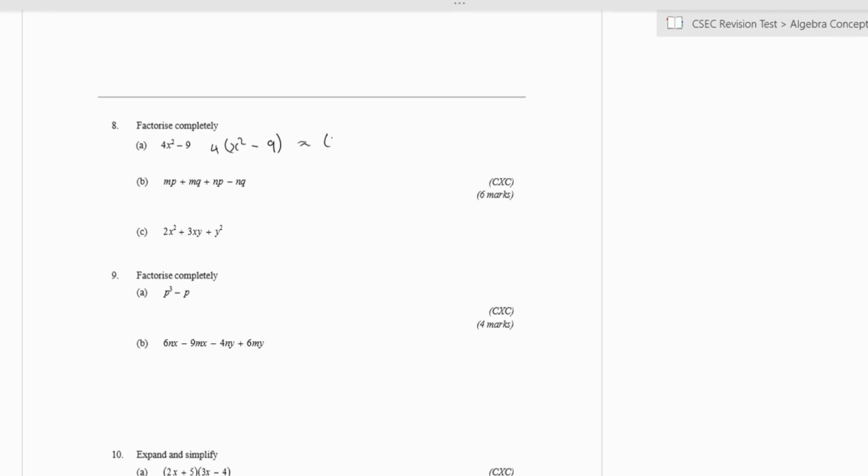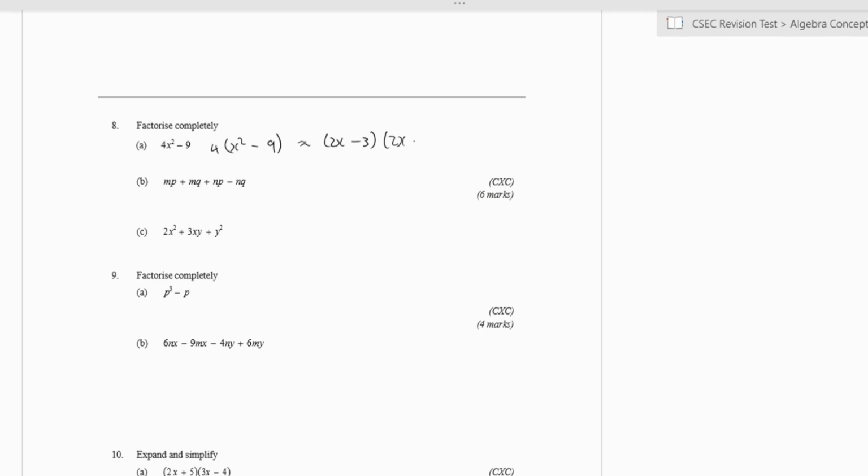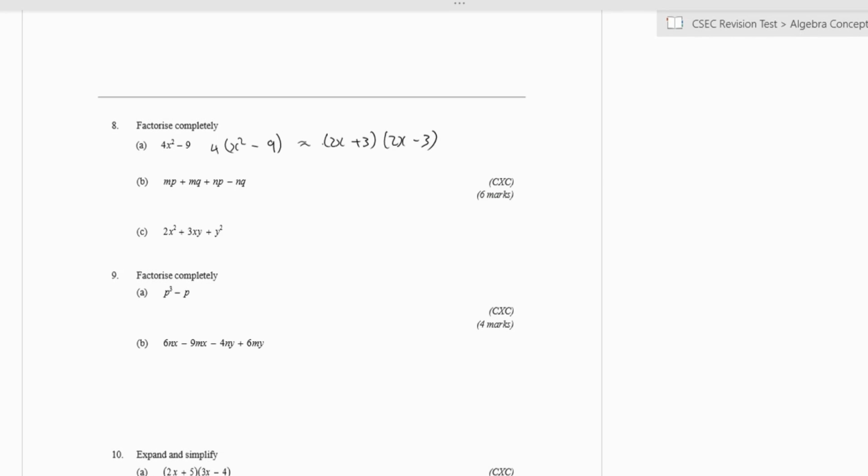So let's see now. If we have 2x minus 3, 2 squared is 4, you get 4x squared, and then 3 squared is 9, giving you the negative 9. That will be our difference of two squares.